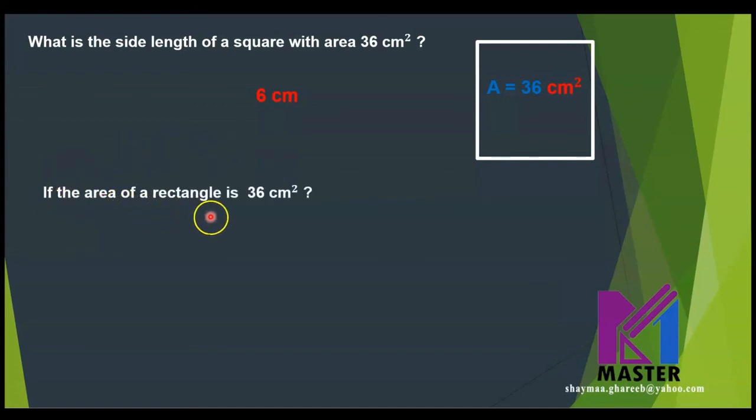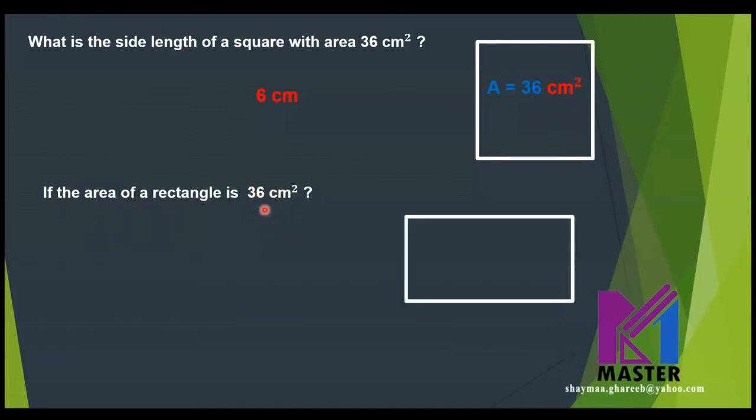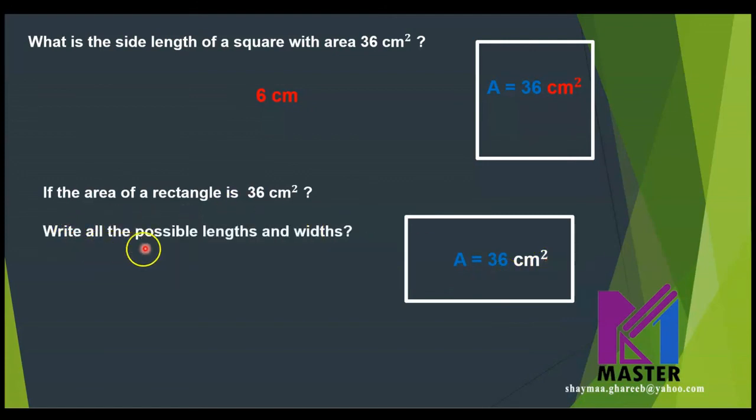If the area of a rectangle is 36 centimeters squared, now we are talking about a rectangle, and its area is 36 centimeters squared. Write all the possible lengths and widths for this rectangle. This is the length and this is the width, and we said the area equals the length times the width.